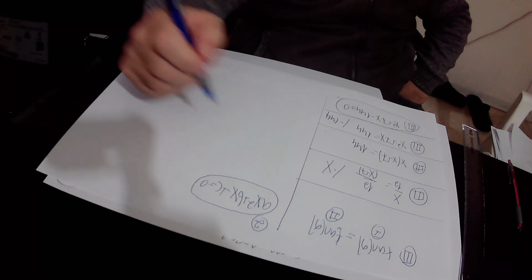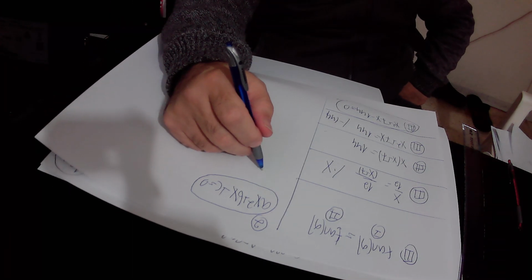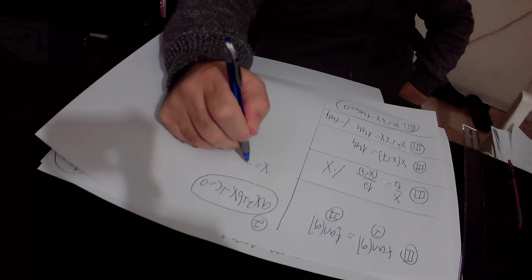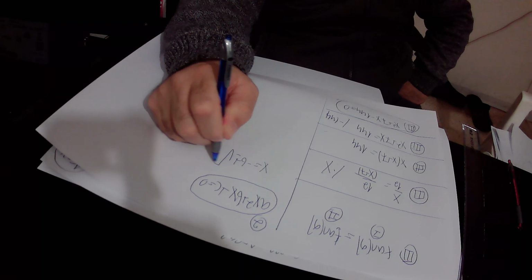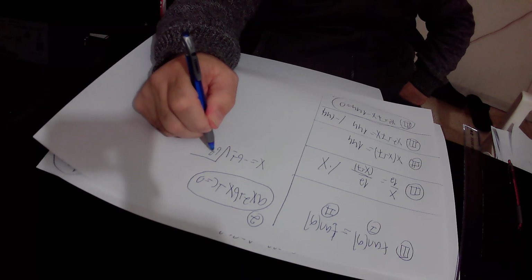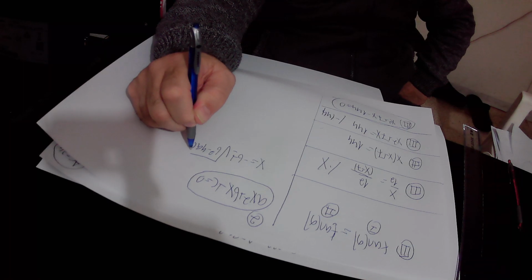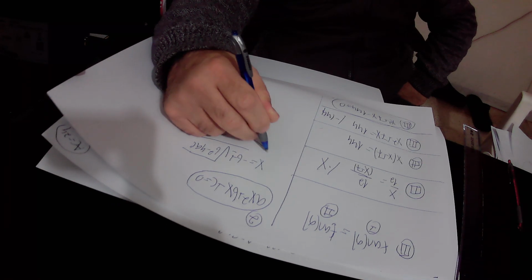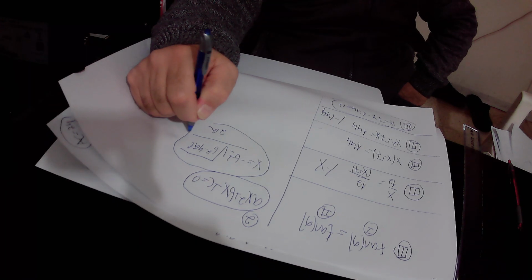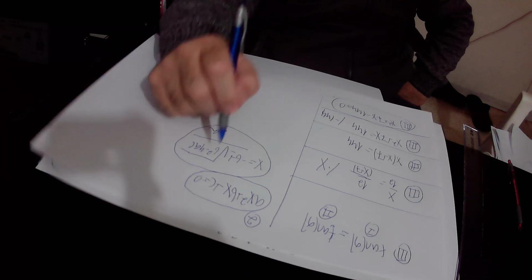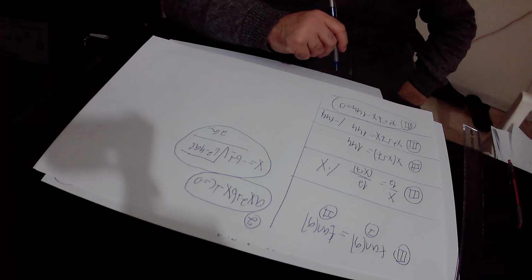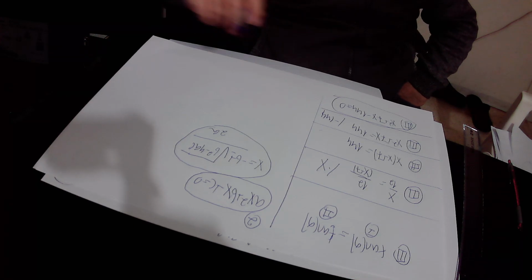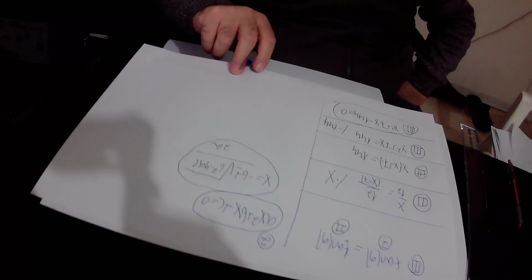And we find the value of x according to the following formula: x equals minus b plus minus square root of b squared minus 4ac, over 2a.